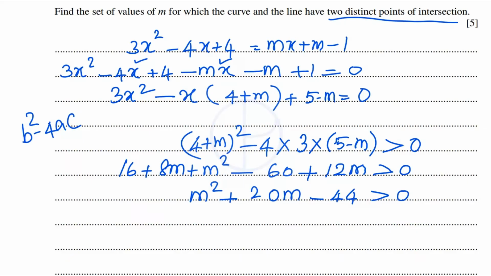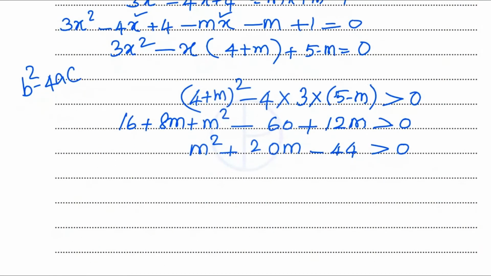Okay, now let's factorize this one. When you multiply the numbers, you need to get 44, and when you add, you have to get 20. 11 multiplied by 4, when you add, you won't get 20. So 22 multiplied by 2.